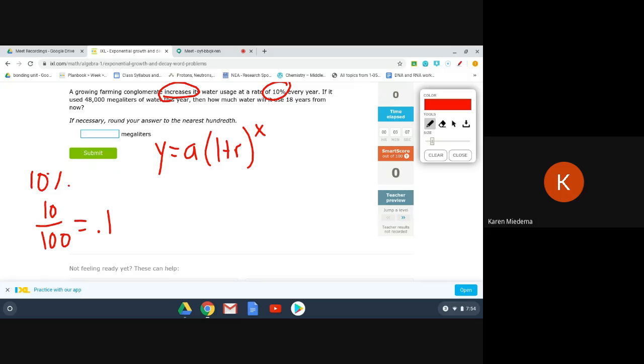So I'm just going to make a little cheat sheet here and say I know that r is 0.1. If it used 48,000 megaliters of water this year, well, that's the amount of water it's using this year, which means the start. So a equals 48,000. Then how much water will it use 18 years from now?